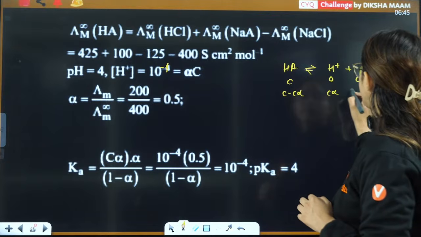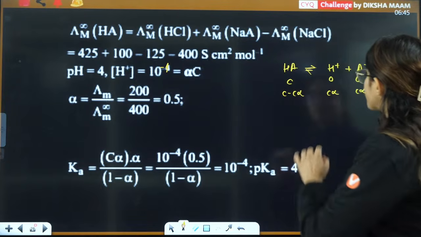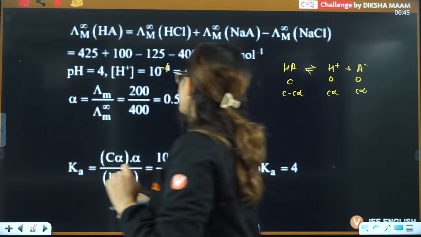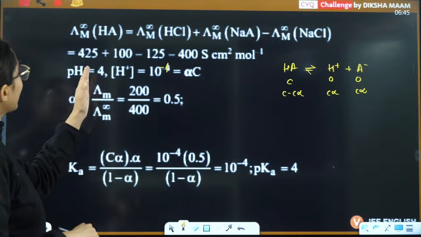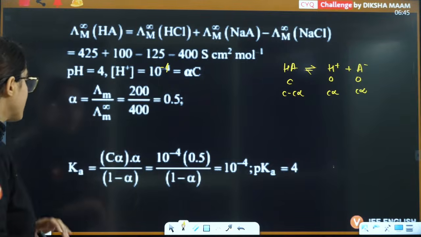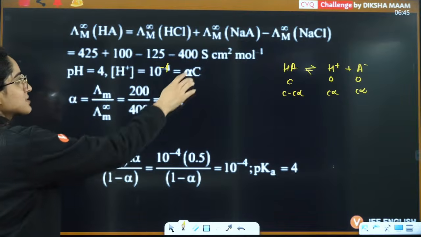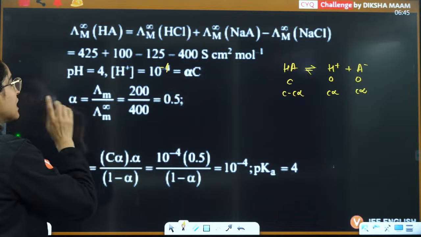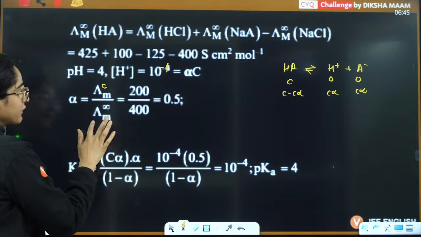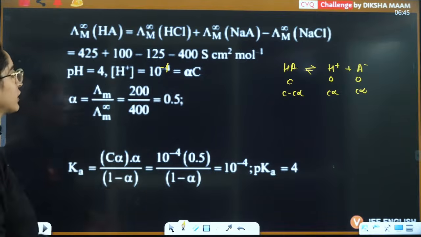This is C alpha. This is C alpha. So H positive concentration is nothing but C alpha, right? So just remember that H positive concentration, that means C alpha, is given to be 10 raised to power minus 4. Just remember this thing that C alpha is 10 raised to power minus 4. Now alpha is nothing but molar conductivity at concentration C and infinite dilution molar conductivity.